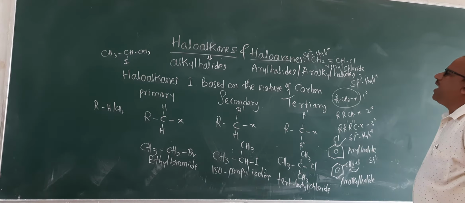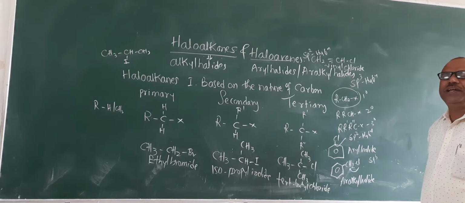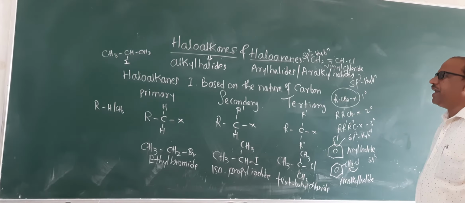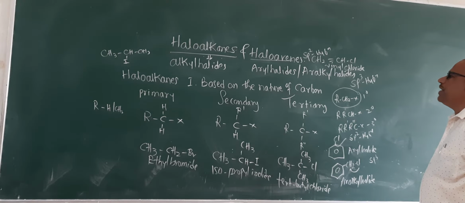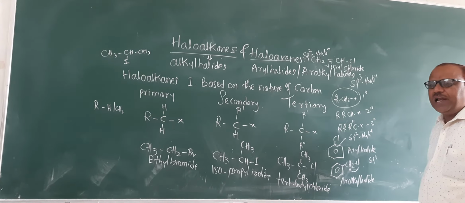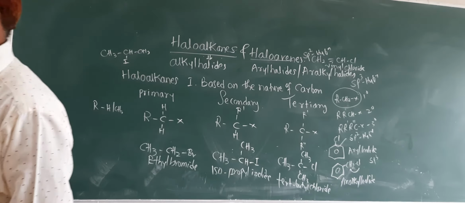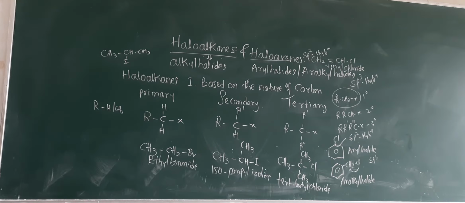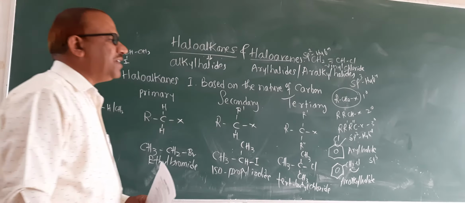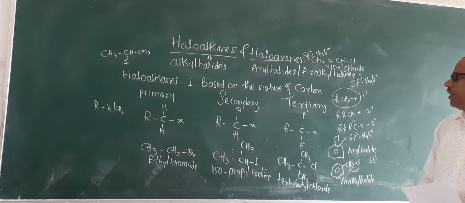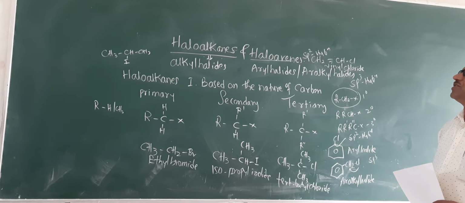Whereas haloarenes are the aromatic halogenated compounds. They may be aryl halides or they may be aralkyl halides. Aryl halides means the halogen atom is attached directly to the nucleus of benzene, whereas the halogen attached to the side chain of the aromatic compound are called aralkyl halides.